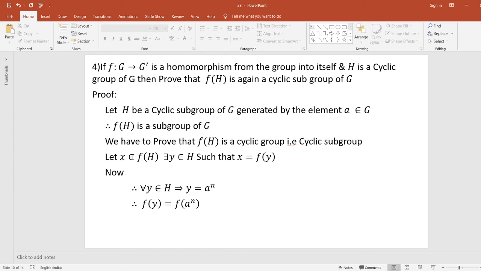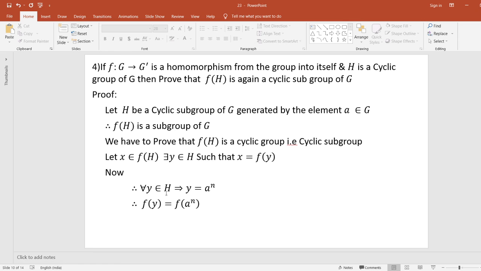Consider an element x from f of H, such that there exists a y belonging to H such that x is equal to f of y. We have to prove this is a cyclic subgroup; it must also have a generator, right?